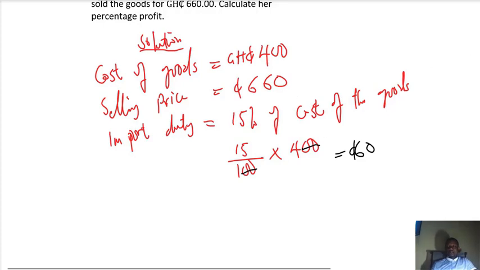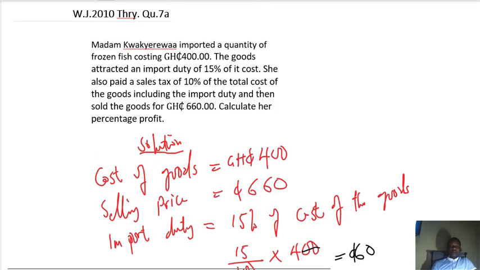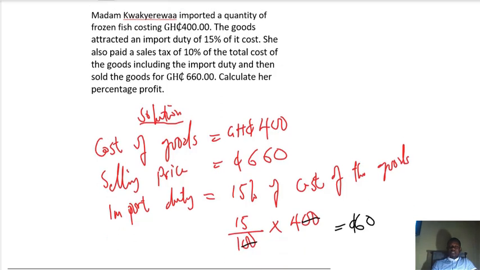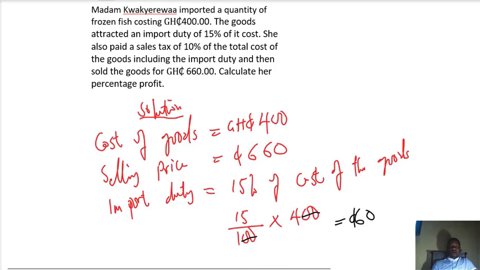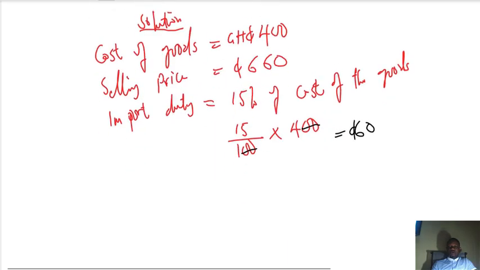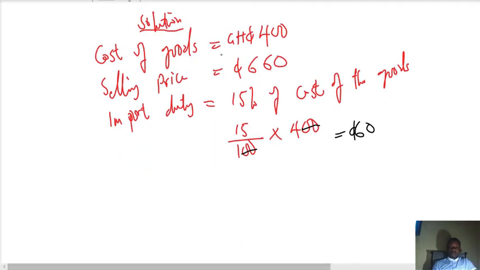And there is another aspect in it, whereby it says she also paid a sales tax of 10% of the total cost of the goods, including the import duty. So meaning the sales tax covered both the import duty and the cost of the item. So first of all, let's sum the new cost of the item.